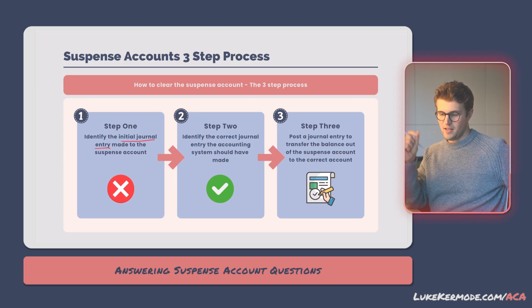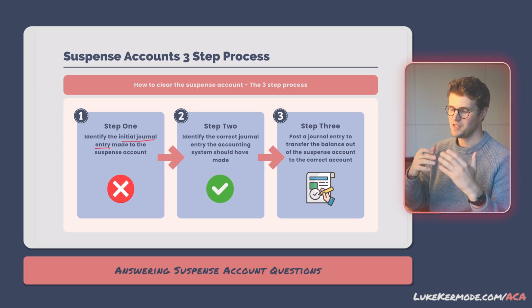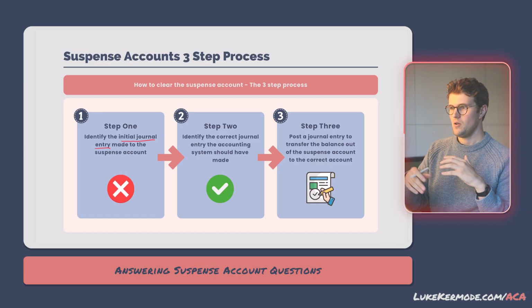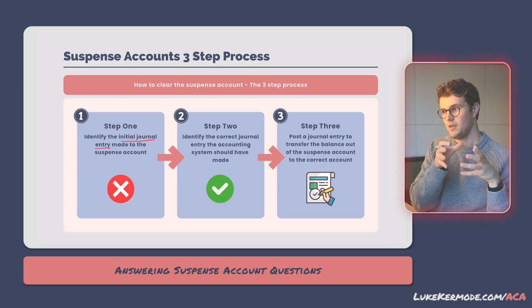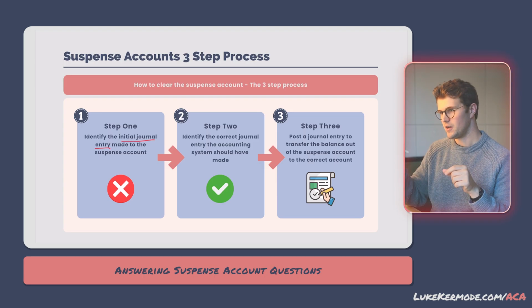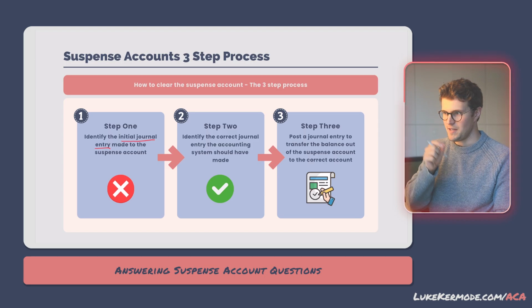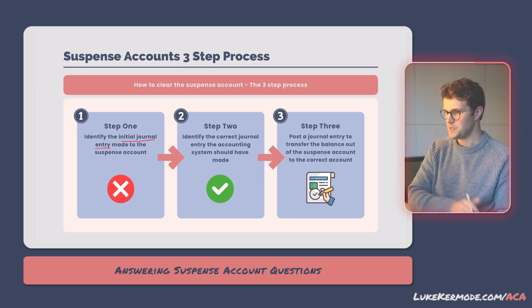This will include either a debit or a credit entry which was made to the suspense account because the system didn't know where to post one side of the transaction. One side of the transaction would have been posted to the correct nominal ledger account, but the other side would have been posted temporarily to the suspense account.